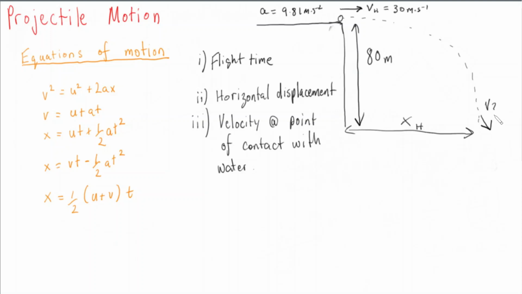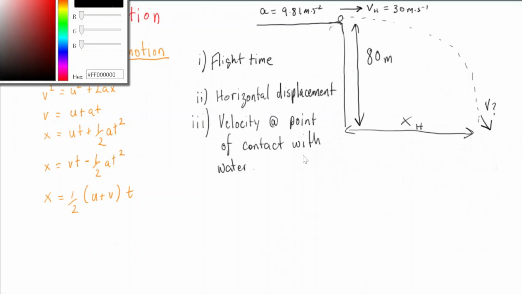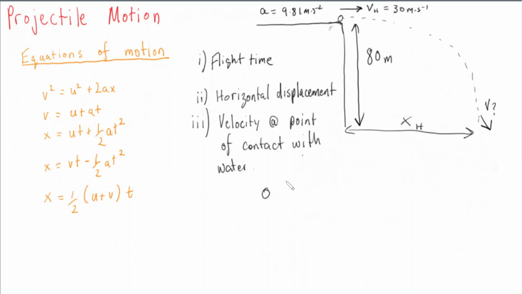So what will this be? So let's see what information we've been given. At the start of its journey, the ball is going to have a horizontal velocity only, and that'll be 30 meters per second. And our vertical velocity is going to be 0. So let's sketch that out using our coordinate system. So we've got our ball, whose initial velocity will be 0, so we'll say u of v is equal to 0.